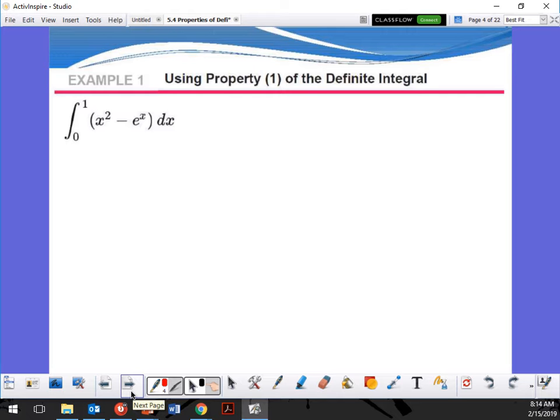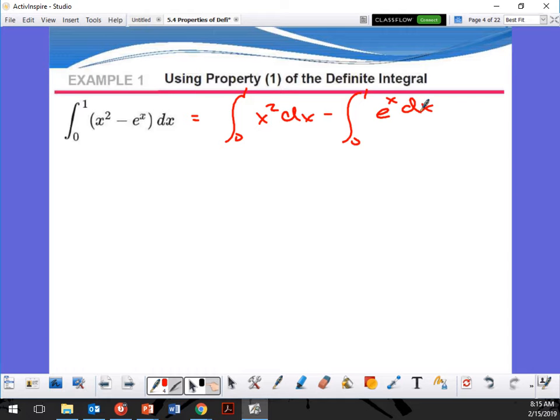So using the property of the definite integral here, I'm going to break it into the integration from 0 to 1 of x squared dx minus the integral from 0 to 1 of e to the x dx.